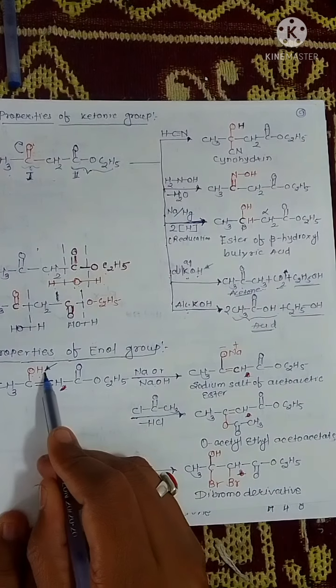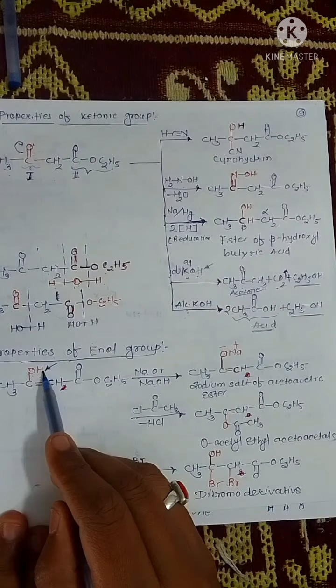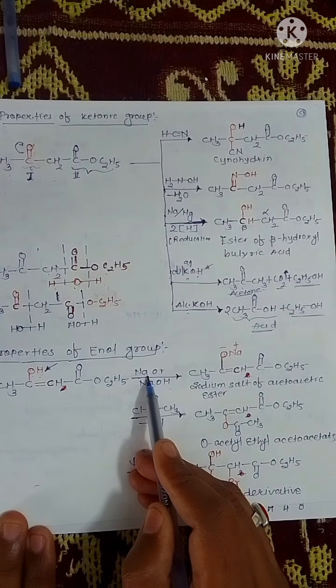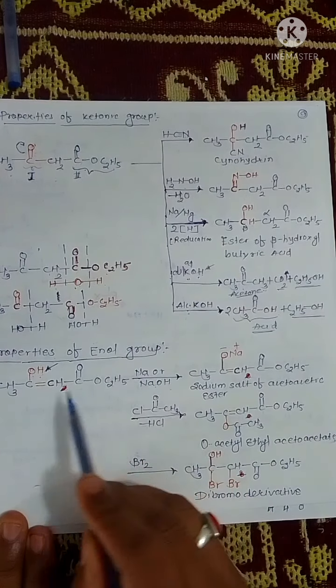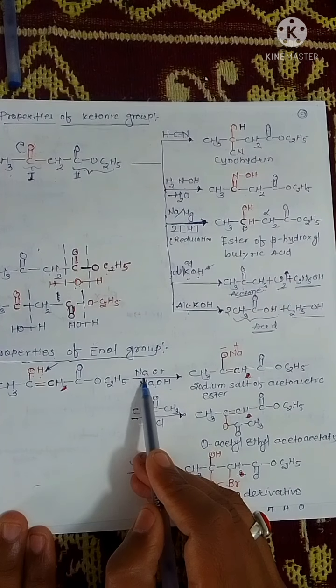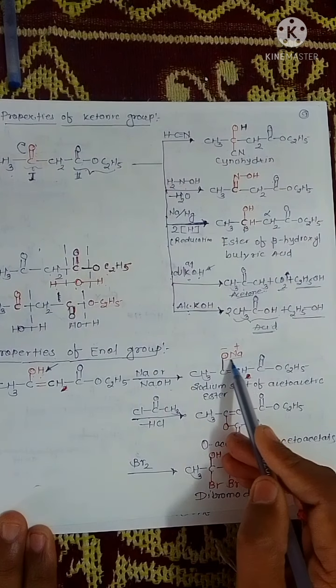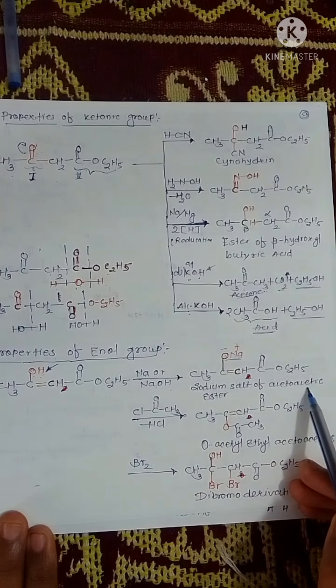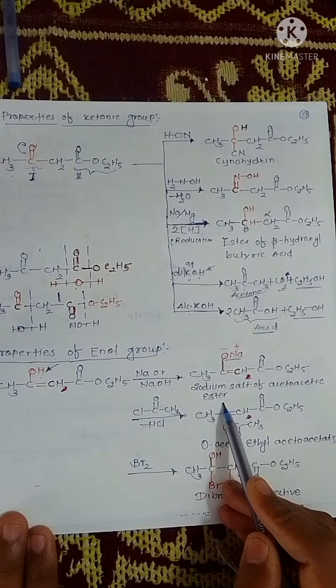If we add NaOH, Na is replaced here, and water goes as a byproduct. Or if we simply take sodium, this H is replaced by Na, which is shown here. So what we got is basically the sodium salt of acetoacetic ester.